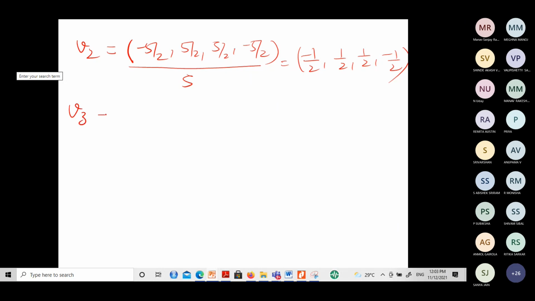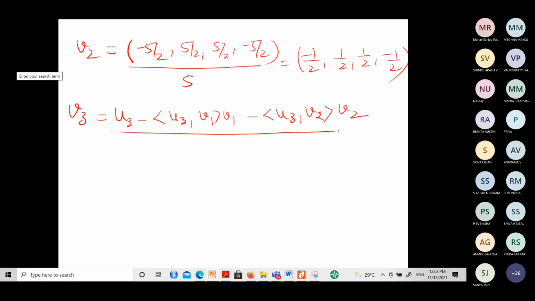Okay, then what is V3? Tell me the formula. V3 is U3 minus the inner product of U3 comma V1, into V1, and so on, divided by the norm of this.